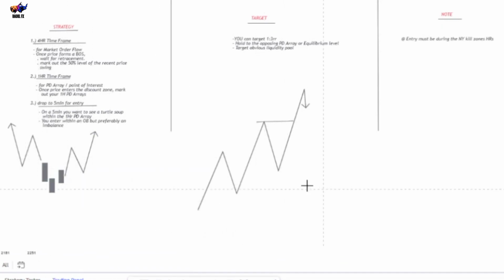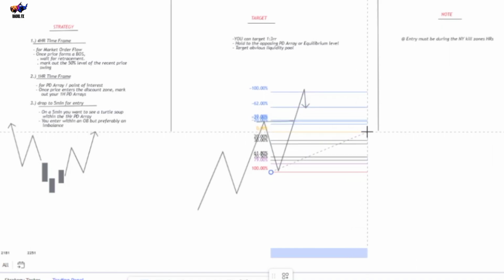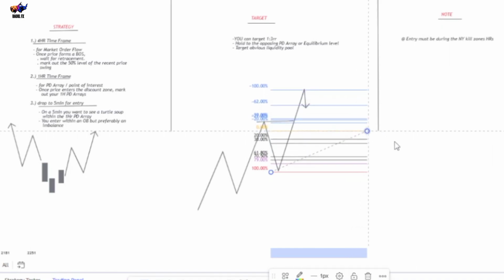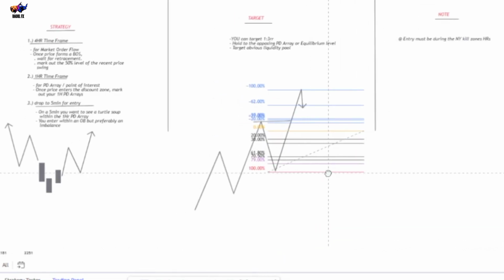So once it breaks structure and forms that price swing, you mark out your break of structure, you wait for a retracement, and to mark out the 50% level, you take your fib from here, place it at the bottom, and draw it up to the top, and there we go.